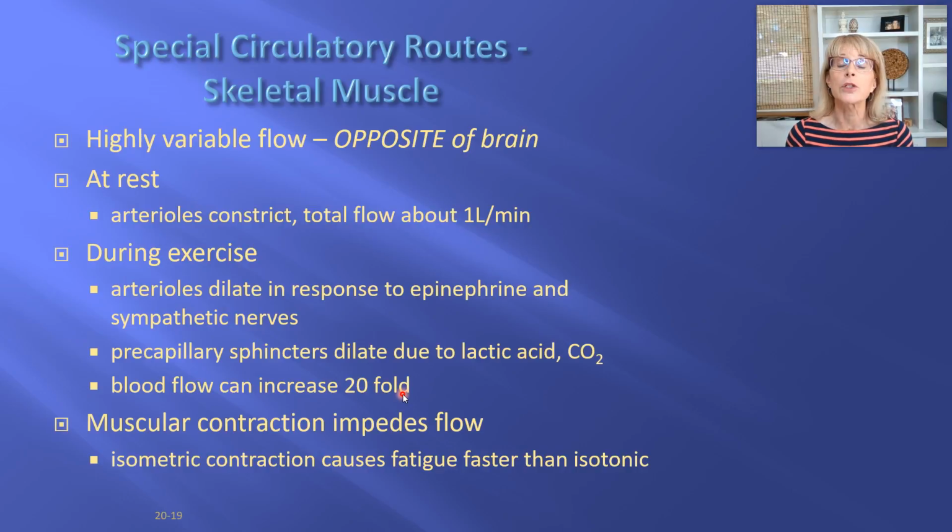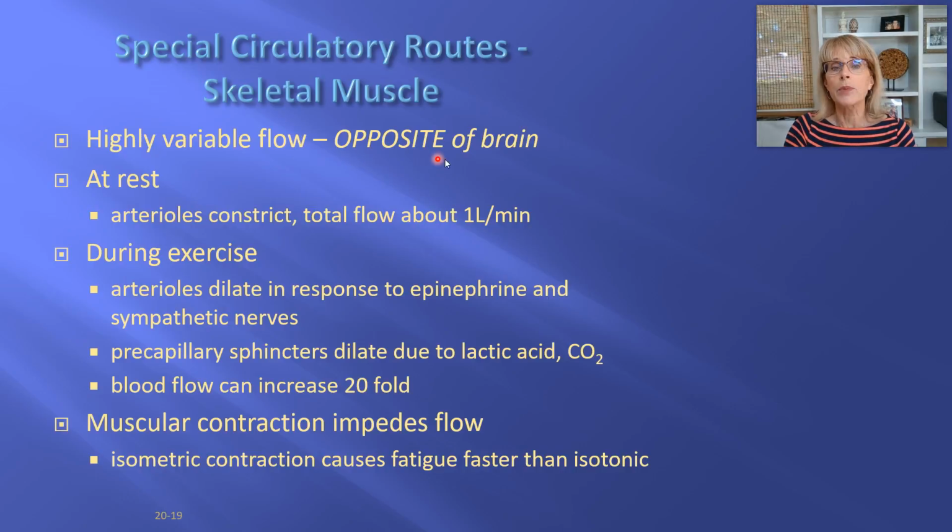But when you're exercising super hard, you can have 20 times as much perfusion, which means 20 times as much blood flowing through every gram of muscle tissue per minute. And that is very effective because when your muscle's not doing anything, it doesn't need a lot of blood delivering stuff to it. And when your muscle's exercising, it needs a ton. So this circulatory route is unusual because it is highly variable.